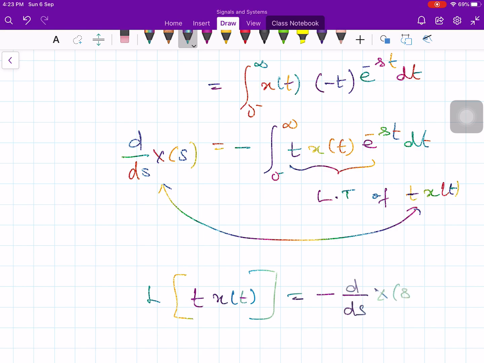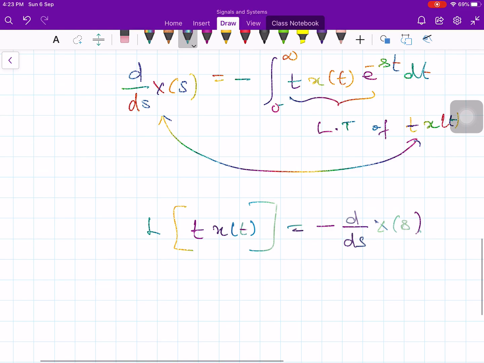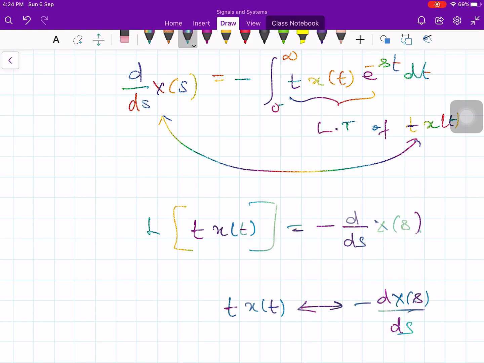Sometimes people will write t times x of t and minus dx of s divided by ds as forming the Laplace transform pair.